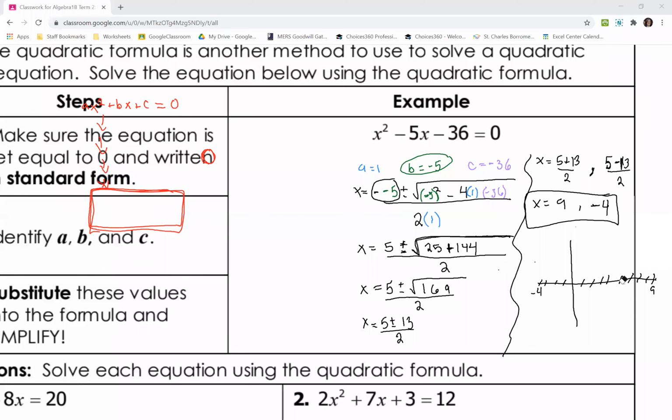It would look something along the lines of that. Okay, it's a U shape where it crosses the x axis at its 2 points that we call the solutions. Okay, so just a little sneak peek about what we're going to be looking at tomorrow.